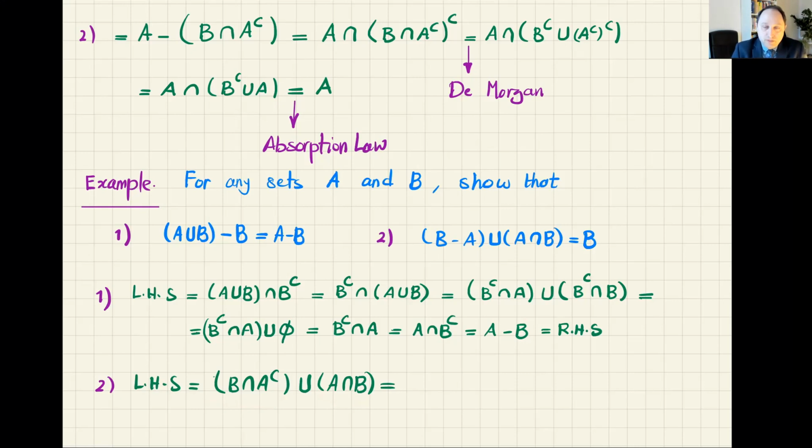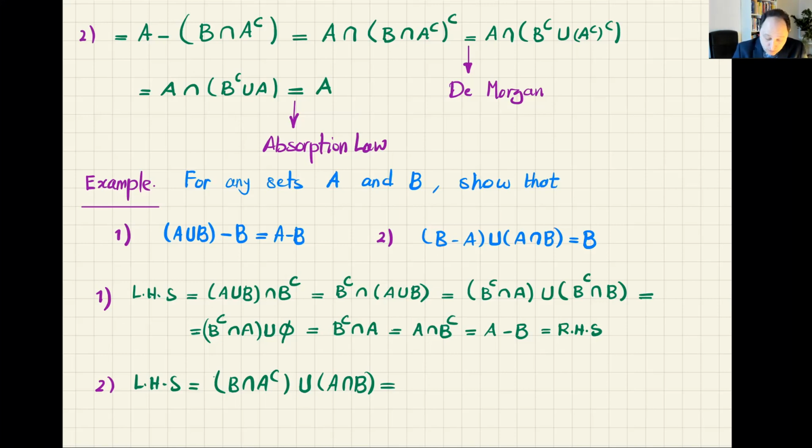Okay. Now, anyone else? Maybe the absorption law will work because it's the same. No. Absorption law doesn't work here because nothing is exactly repeated. Yes, Khulud? It's B. It's repeated.